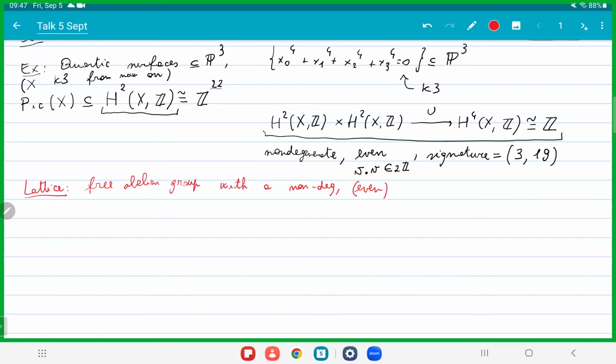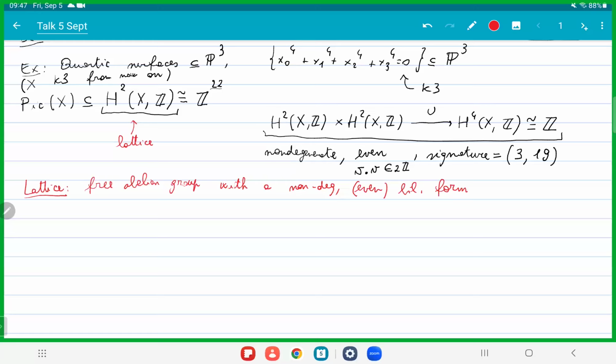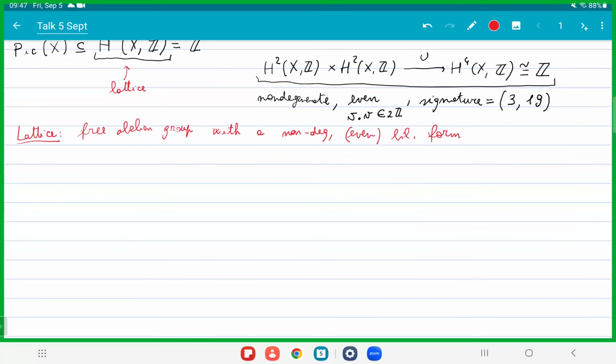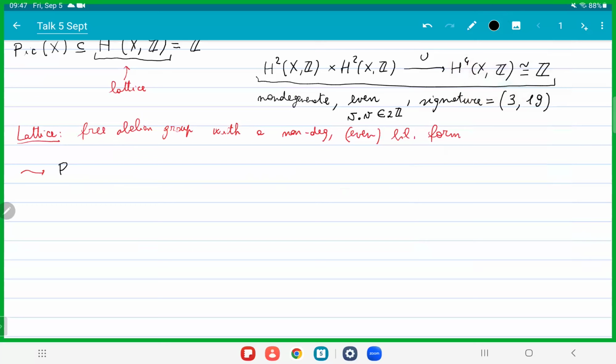Even should not be added to the definition in general, but for me it's going to be an even bilinear form. For instance, H2(X, Z) is a lattice. And of course, this lattice structure is inherited by the Picard group, which makes it into a Picard lattice. So Pic(X) with this bilinear form is a lattice.